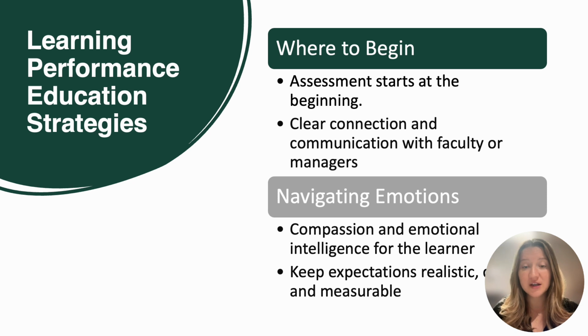This is on both ends, because it can be really challenging with lower level thinkers or lower performers, but compassionate, emotional intelligence for any learner can really help foster the instructor and learner relationship to navigate through any challenging interactions. And then just keep things realistic, clear, and measurable, right? Can the student achieve the goals you're setting within the time frame that you have together?